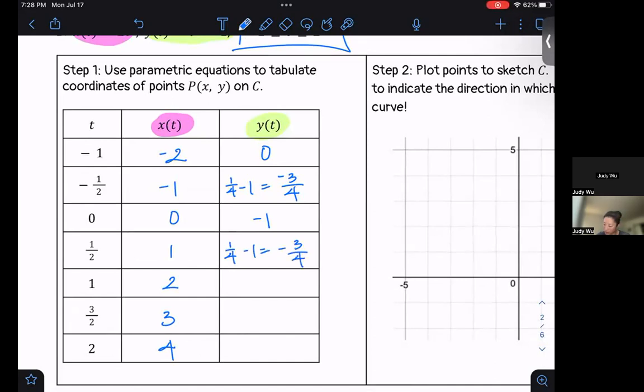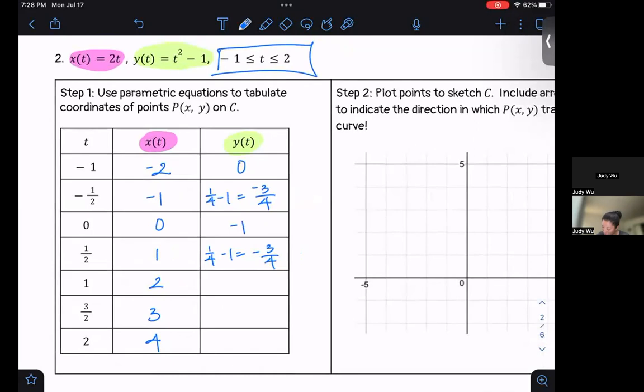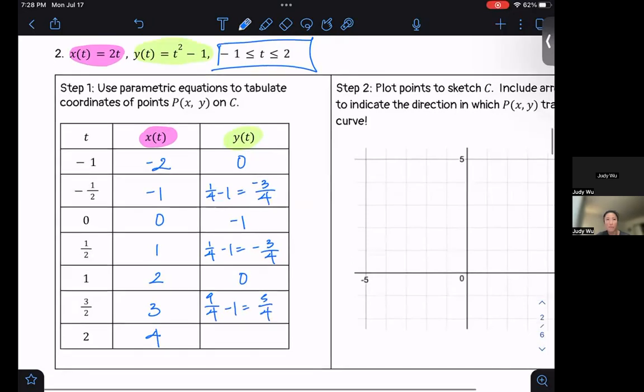I plug in 1, I get 1 minus 1 is 0. 3/2, let's see, 3/2 squared is 9/4 minus 1, which is 5/4. And then when I plug in 2, 2 squared is 4, 4 minus 1 is 3.